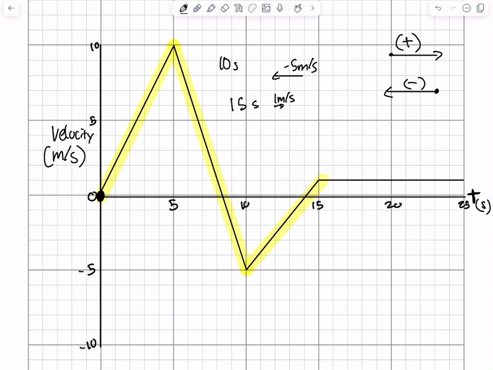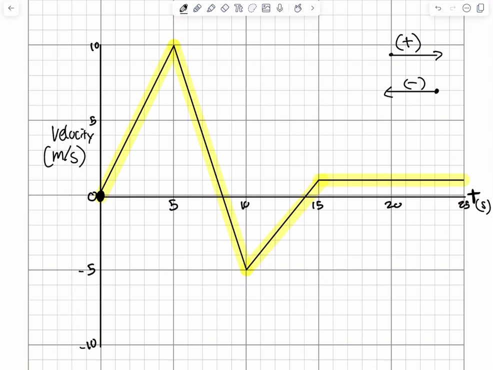Now for the very last section, 15 seconds all the way to the end at 25 seconds. Now you can probably look at this graph and see that nothing's happening. It's staying constant. Does that mean our object is just not moving? No, that's not what that means. If this was a position time graph, that would be what it means.